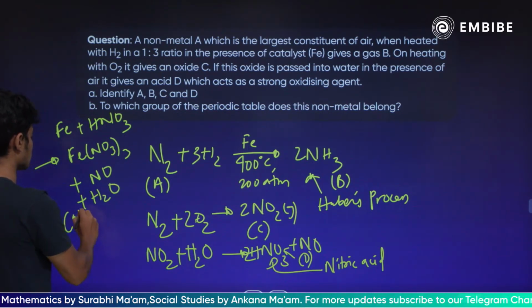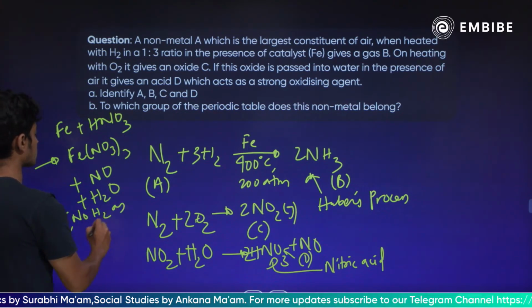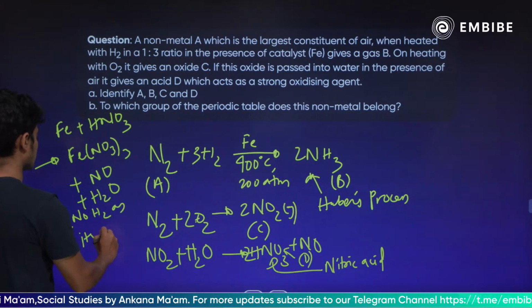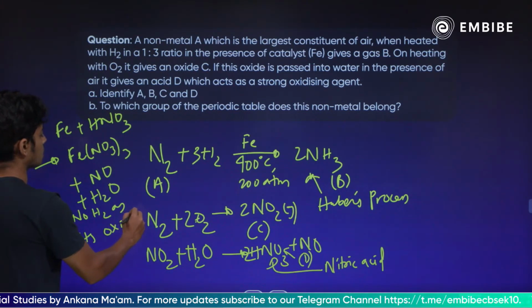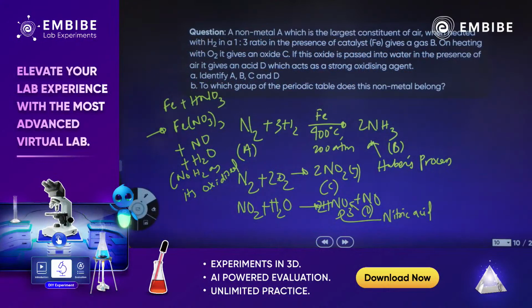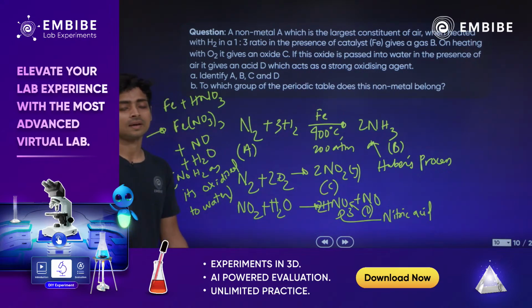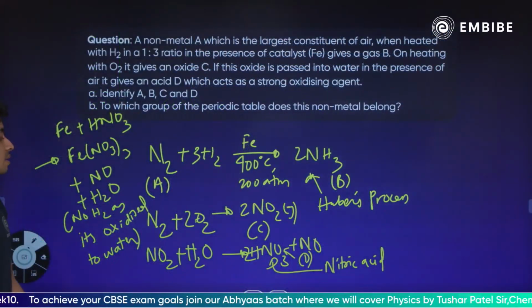No H2, as it gets oxidized to water. That's why nitric acid is an oxidizing agent. It provides oxygen for oxidation of other species. Nitric acid is also used in many other reactions where it acts as an oxidizing agent. So these are my A, B, C and D.